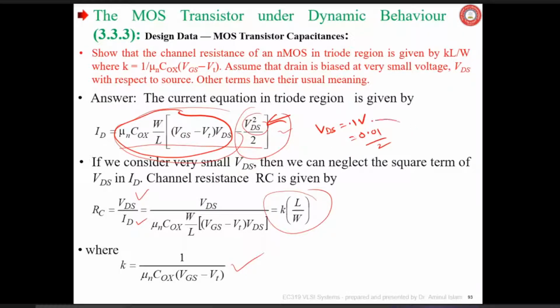So that can be a small value that can be neglected compared to the other part of the equation. Hence, ID will remain up to this much only. So channel resistance is VDS by ID. VDS divided by this portion of the equation, neglecting the other portion, gives you K into L by W, where K equals this.